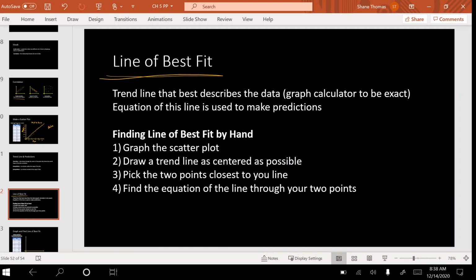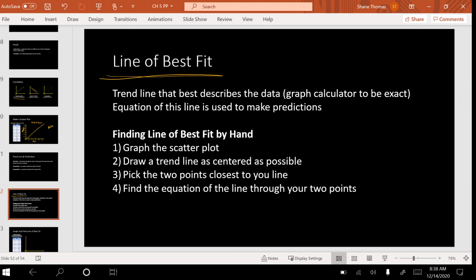The calculator will figure out the distance from your line to every single point and how to make that distance the absolute smallest possible. To try to do it by hand with 10 points, using the least squares method, we would probably take up this entire board.